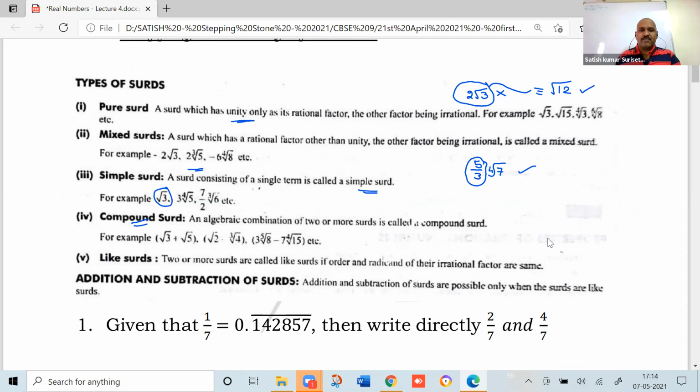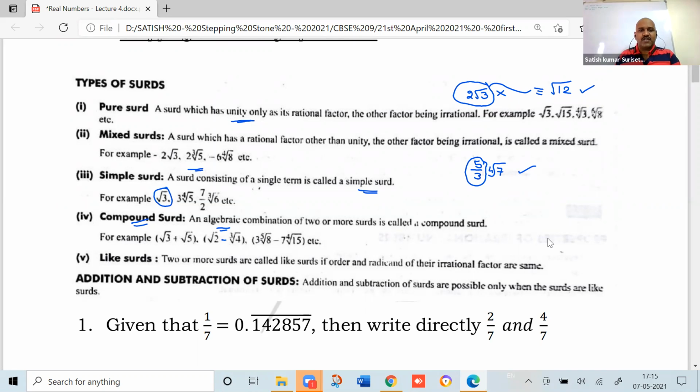Next, compound surd. An algebraic combination of 2 or more surds is called a compound surd. Algebraic combination means it can be addition or subtraction. Now, root 3 plus root 5. Root 3 is one surd and root 5 is another surd. Here we are joining them with the plus sign, so this is a compound surd. Next, root 2 minus cube root of 4. 3 into fifth root of 8 minus 7 into fourth root of 15, etc. These are all compound surds.